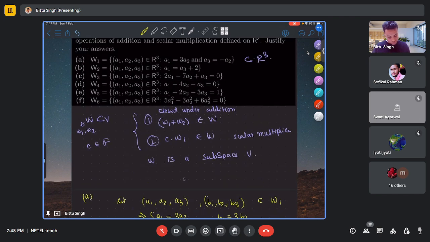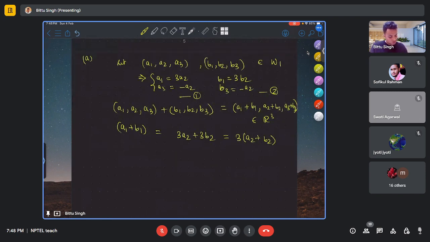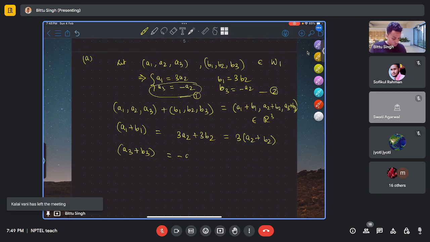So the first property is working. Now we need to check the second condition, A3 equal to minus A2. Let us check. So in this case, what is the third entry? The third entry is A3 plus B3. But again, if you use 1 and 2, then A3 is the same as minus A2 and B3 is the same as minus B2.